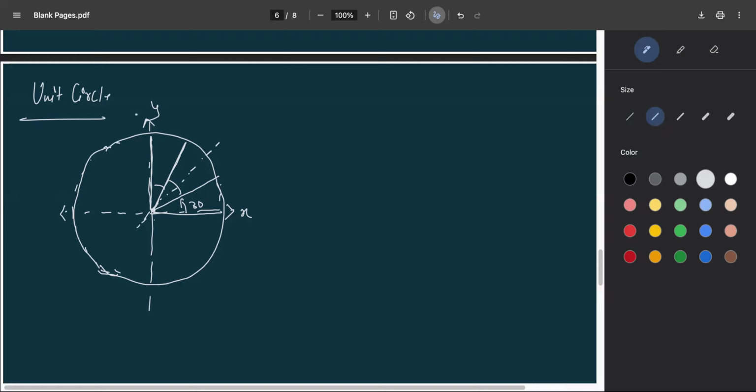For this, you can put your compass at this point and make an arc over here, maybe somewhere here. From this point also, you can make another arc. The point where they meet will be the center of it. So that's how you can get the other angle as well. So this is about a unit circle.